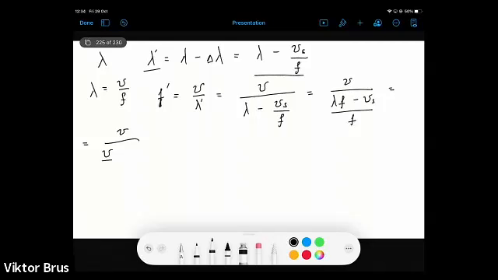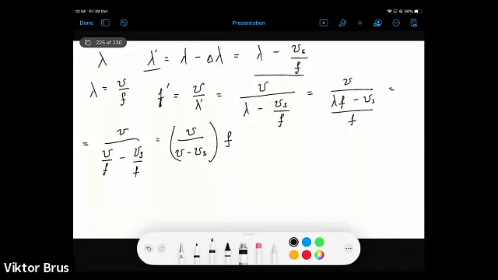So that will be V divided by frequency minus Vs divided by frequency. We can take F out of the parentheses, and we will get V divided by V minus Vs times frequency.